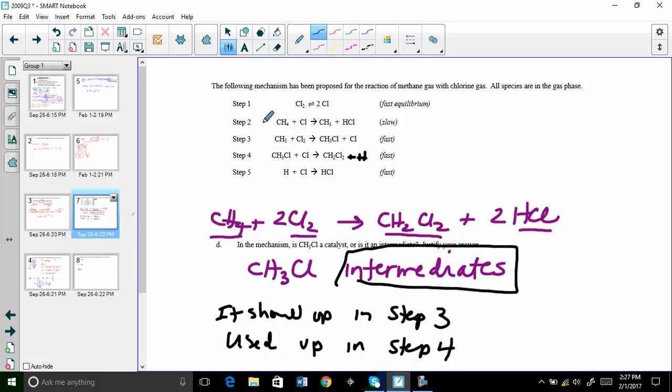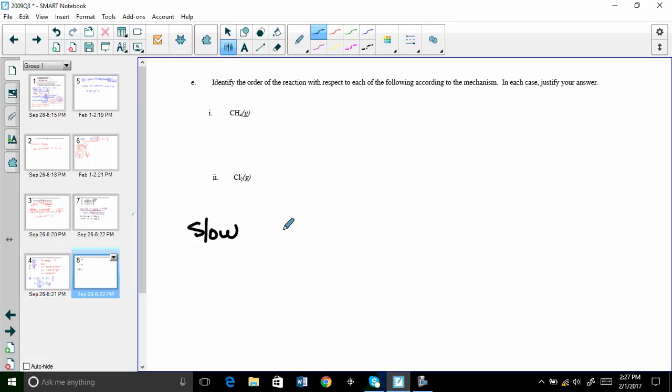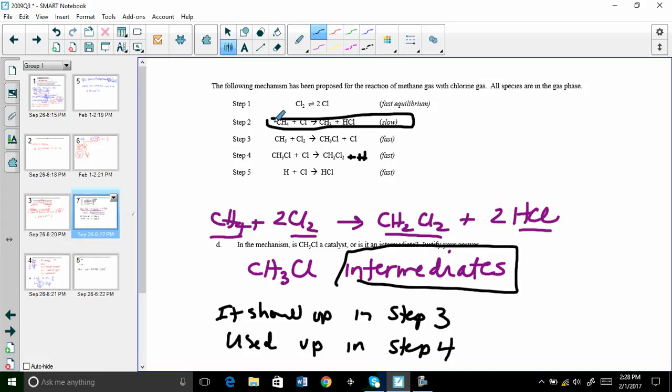The slow step is CH4 plus Cl. So looking at the slow step, you would say that the rate law is rate is equal to k times the concentration of CH4 to the first power times the concentration of chlorine to the first power. Because if you look at the slow step, the stoichiometry is 1 to 1.